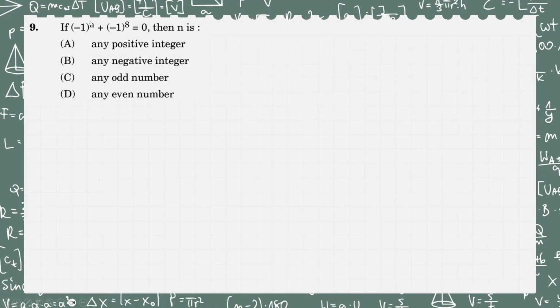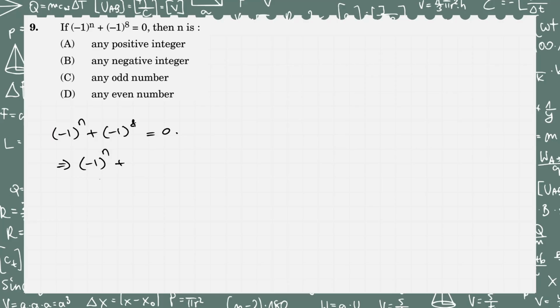If minus 1 power n plus minus 1 power 8 equal to 0, then n is, so let's see, minus 1 power n plus minus 1 power 8 equal to 0. That implies minus 1 power n plus, we know that when there is an even number in the power, minus sign will vanish.